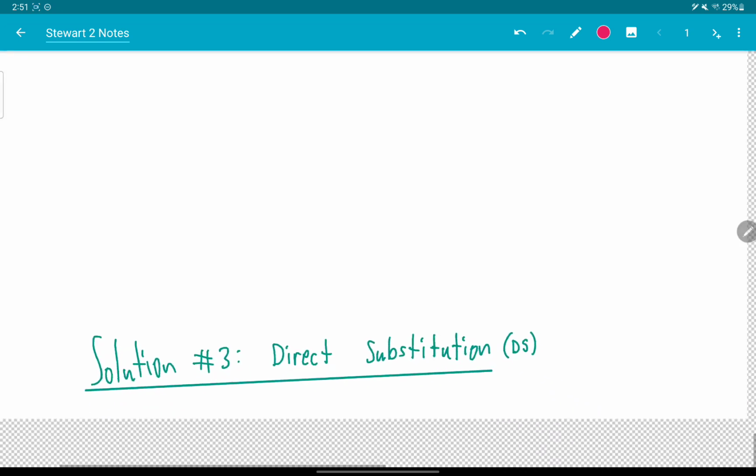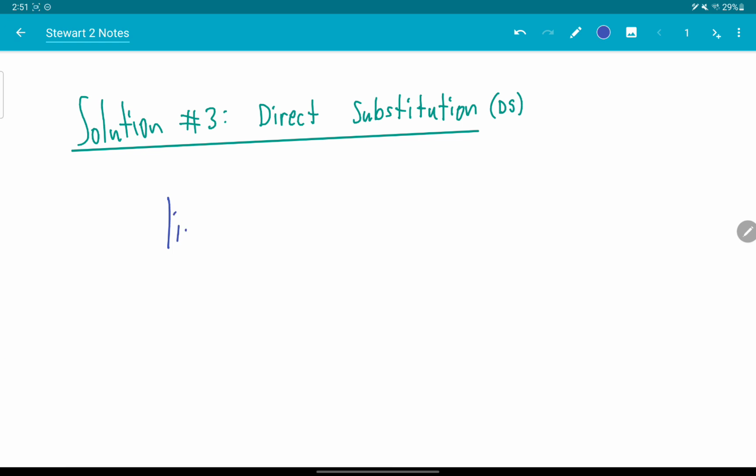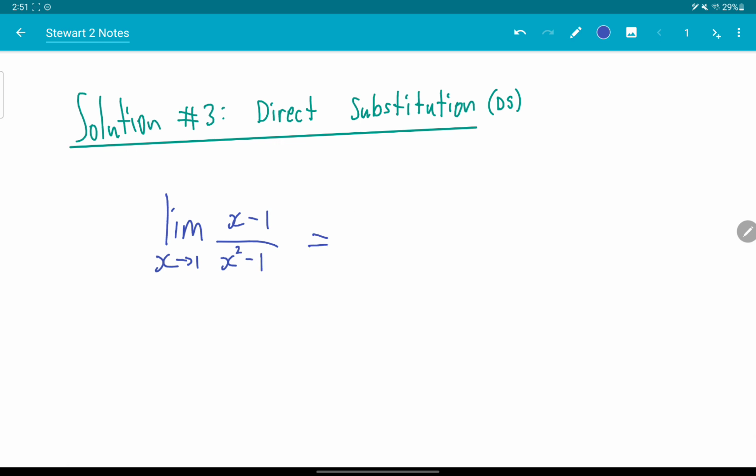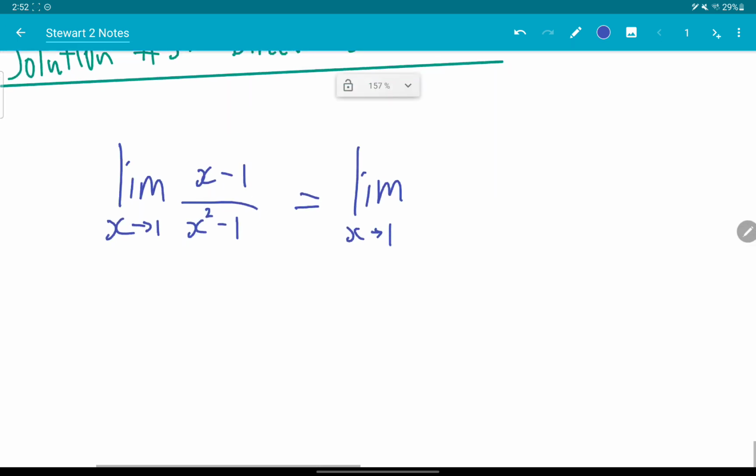Solution number 3 is the interesting one. I'm going to try to do direct substitution. I can't do it immediately, I can't do it at the very beginning of my calculation, but if I use some skills from Secondary 4, grade 10, what can I do?